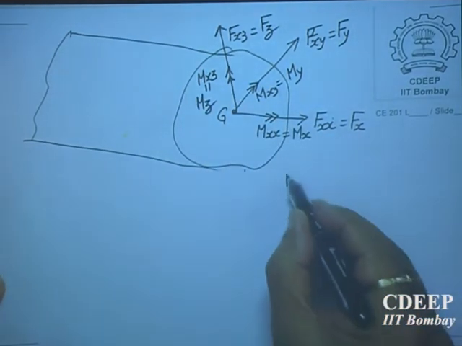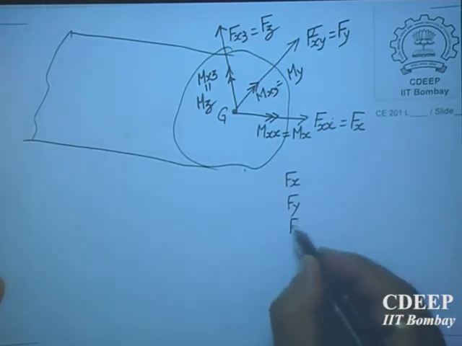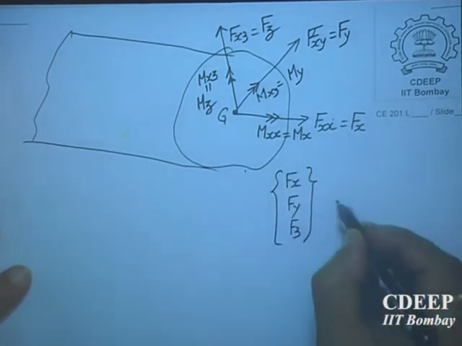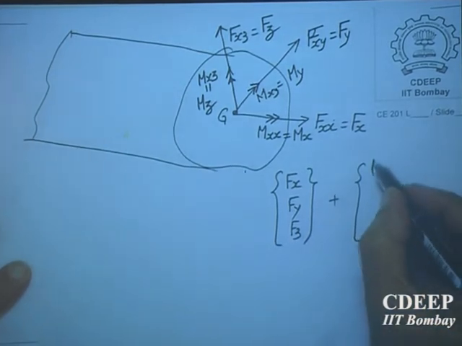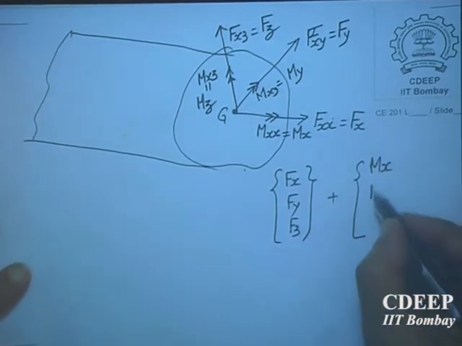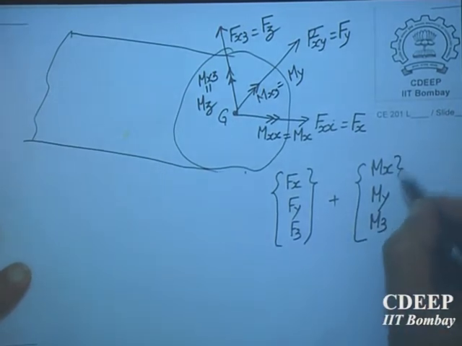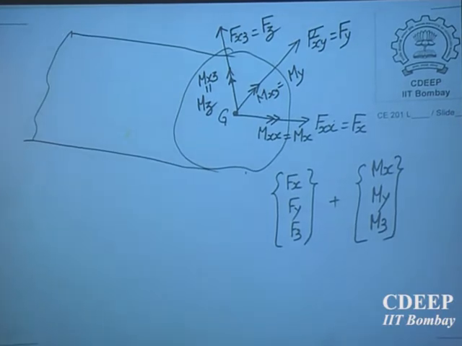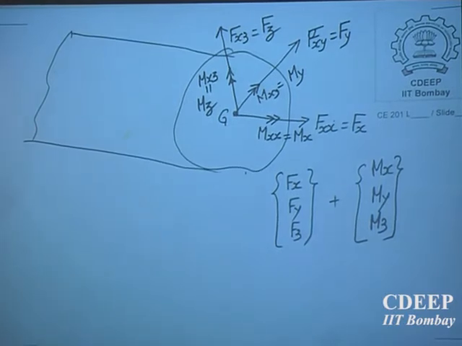So 3 Fx, Fy, Fz plus Mx, My, Mz. Because M means moment, moment about x axis, moment about y axis, moment about z axis.